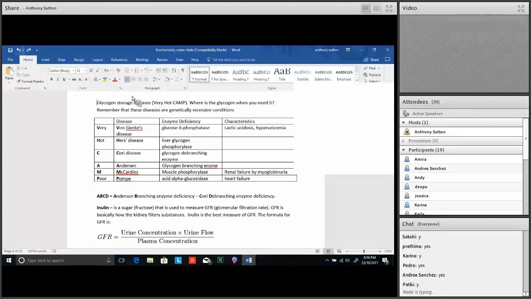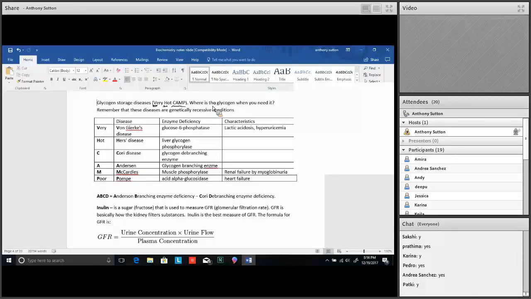Let me see if there we go. Okay, here's the V. Here's my H. And all of the camp. Okay, everybody see that? So each one of those, I said, well, very hot camp, glycogen storage.